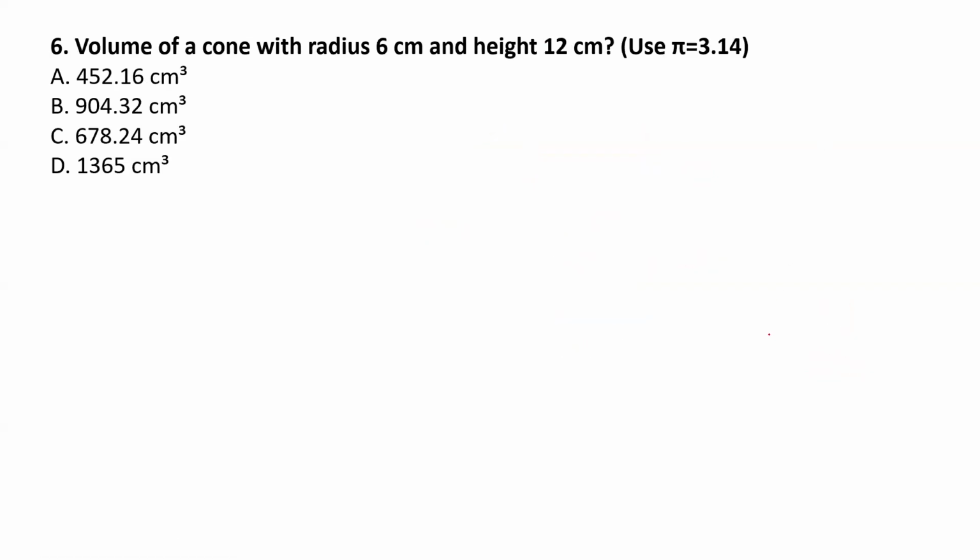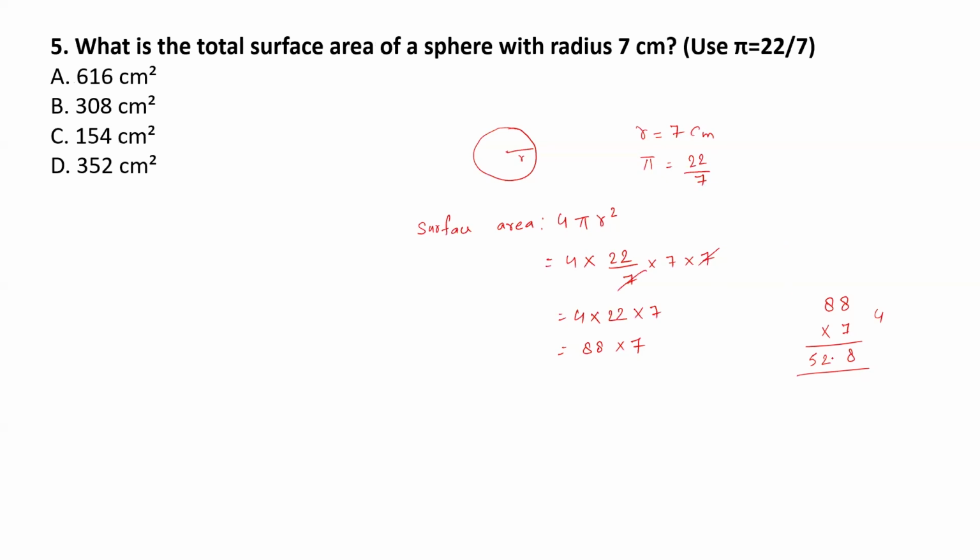So 7 into 8 is 56, not 48. That is 6, 5 remainder. Again 56, it will be 61. So option A is correct again. So you just have to do this multiplication correctly.